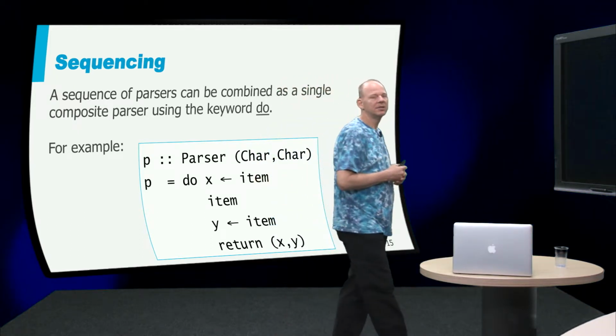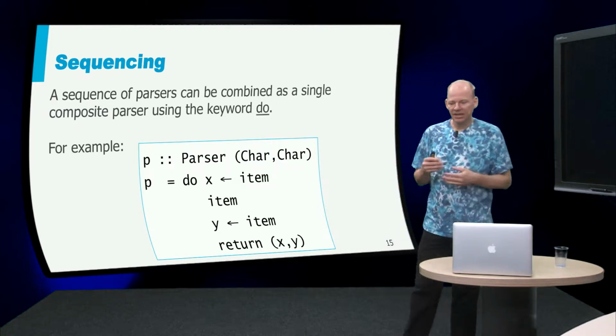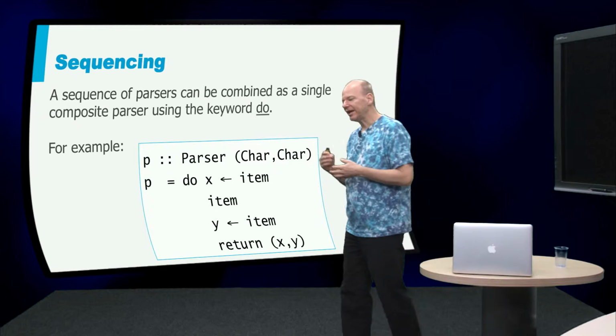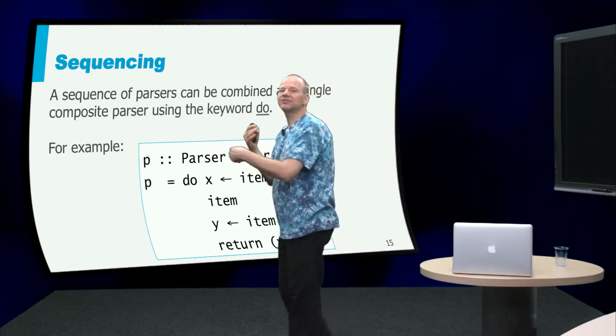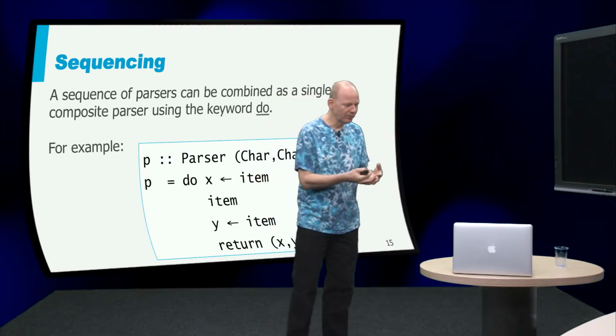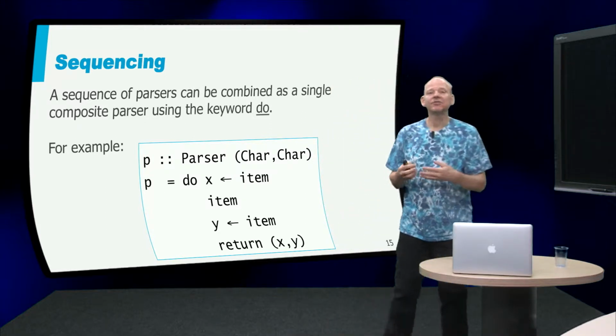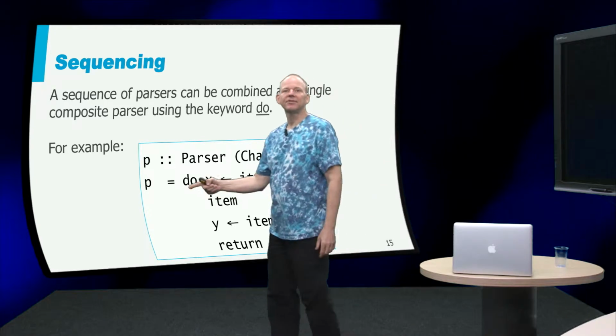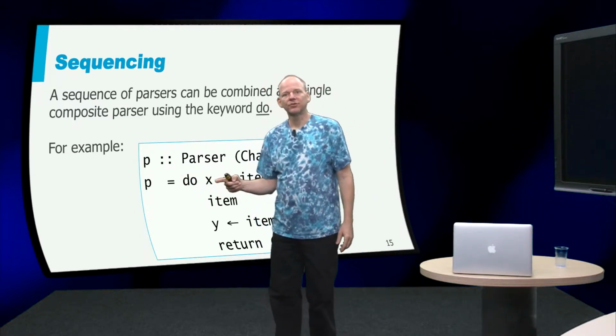What we want to do is not try the other one if the first one fails, but sequentially compose them. So we want to run one parser, and when it has terminated, run the next parser. And for that, we're going to use the so-called do syntax.